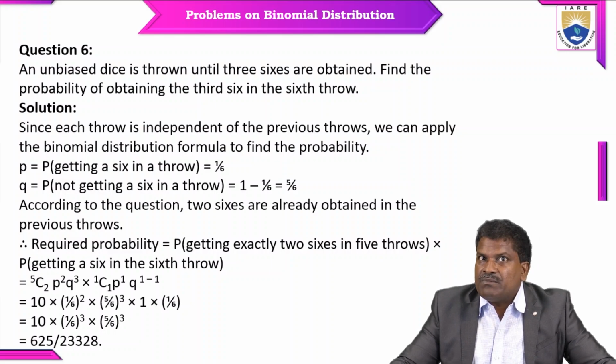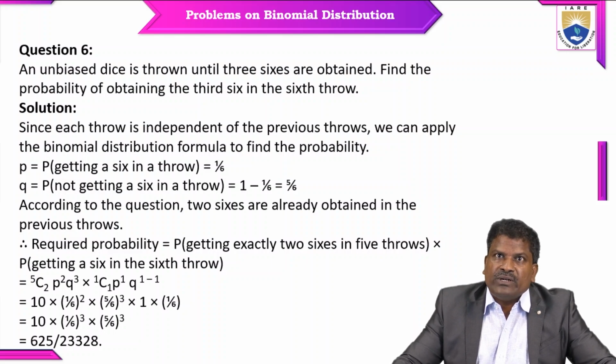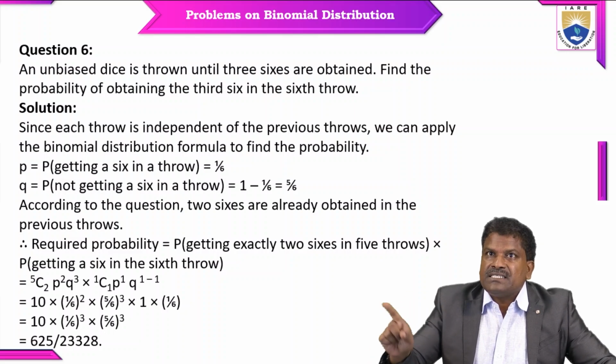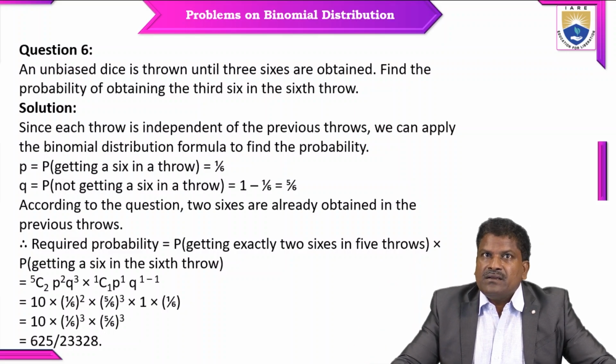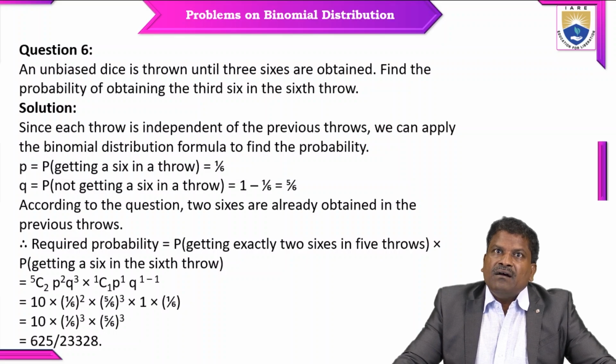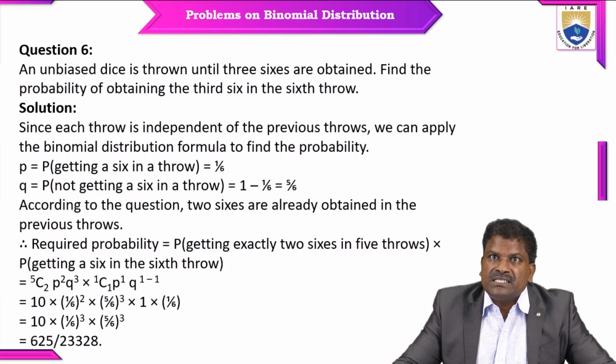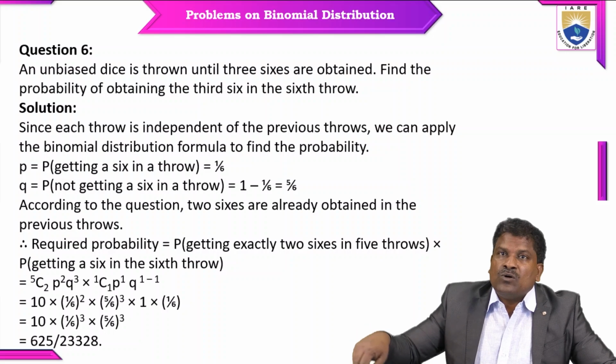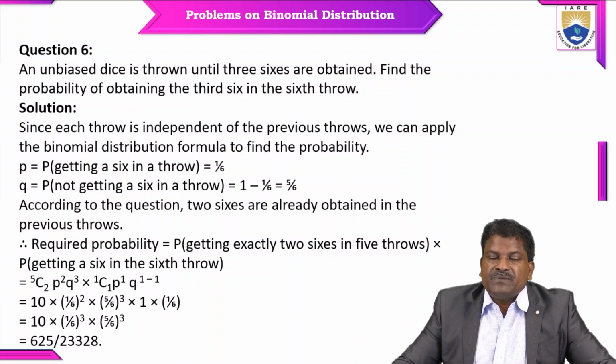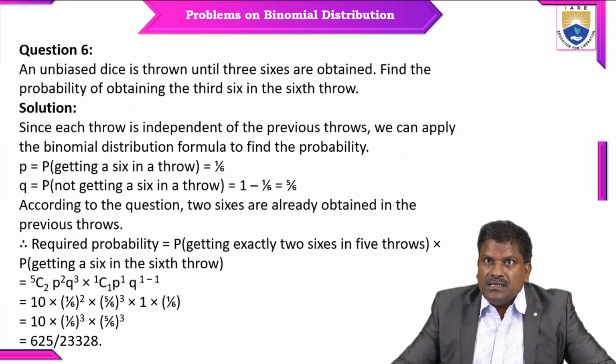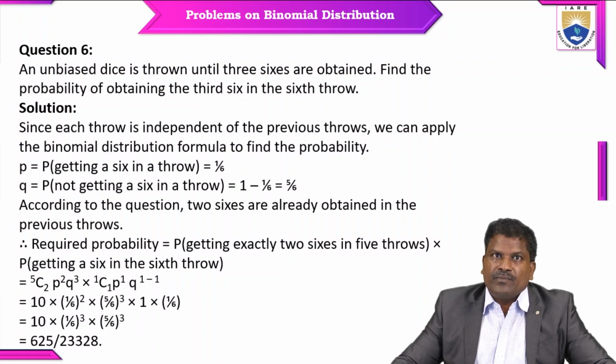Find the probability of obtaining the third 6 in the 6th throw. Here specifically they are asking, we have to find the probability of obtaining the third 6 in the 6th throw.